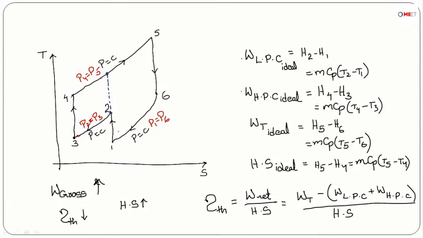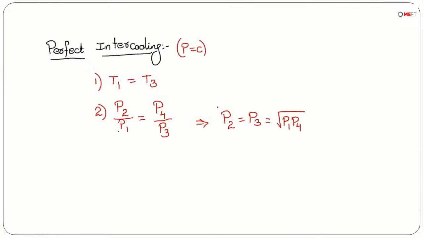This is the important thing that we have to learn for perfect intercooling. Perfect intercooling means the temperature at the entry to both the compressors should be the same. Then only we can say that the intercooler is a perfect intercooler.